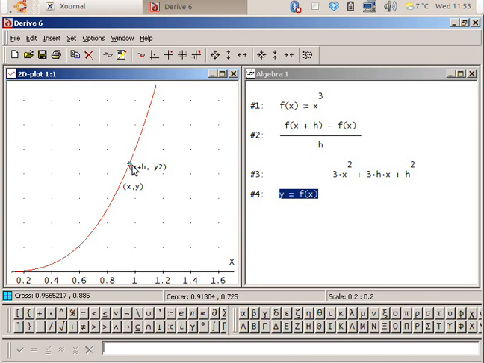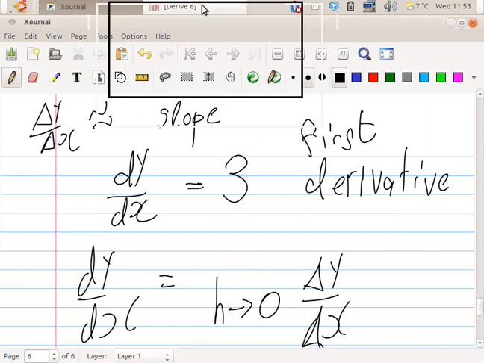And when h equals 0, the 2 points meet. And if I draw a line through that point, I got a tangent because it's only meeting the curve once. Okay? So when you put h equals 0 at the end, that is why you get the exact answer, because you're changing it from a chord, remember chord, to a tangent. How many places does it meet if it's a chord? Twice, tangent once.